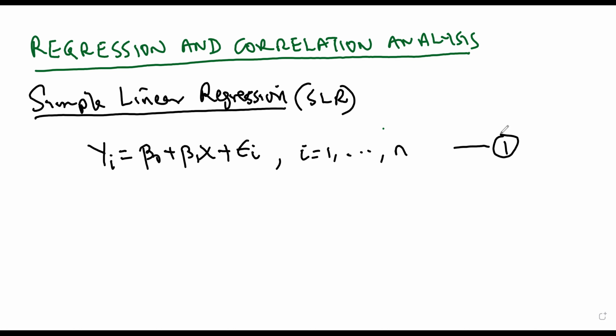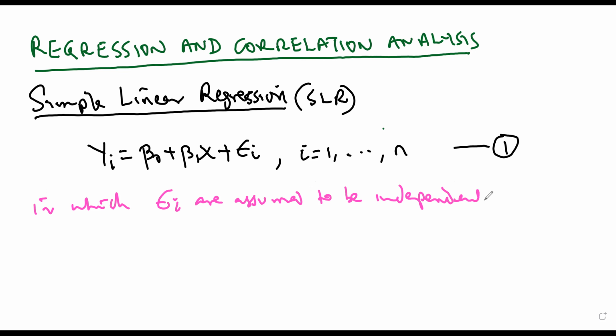So here, the assumption is that the errors are assumed to be independent and also normally distributed with mean 0 and variance sigma squared. So that's our key assumption in this kind of model.